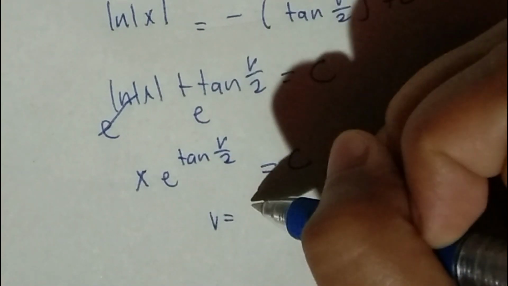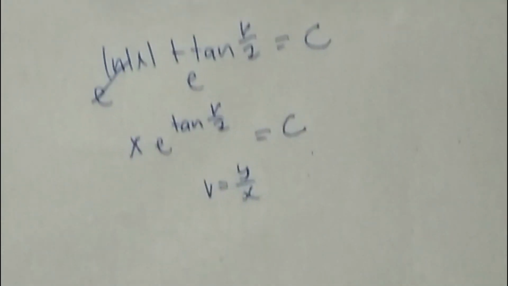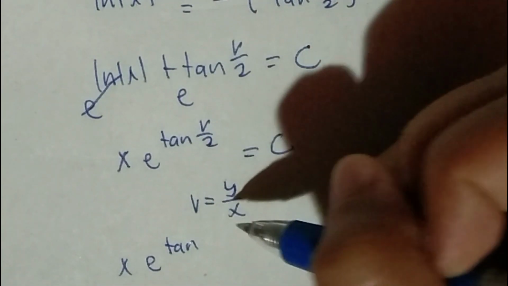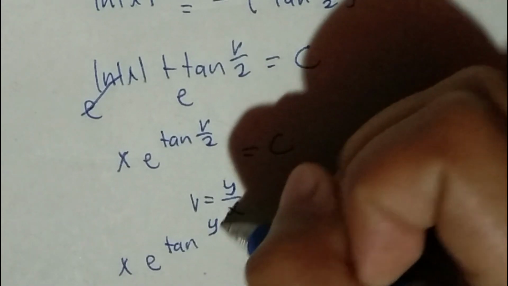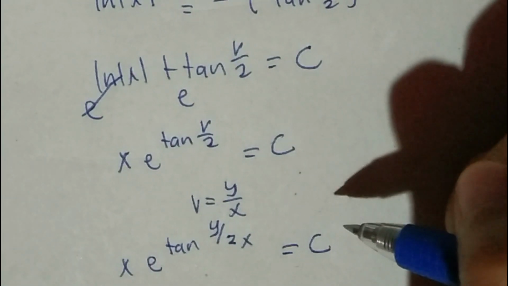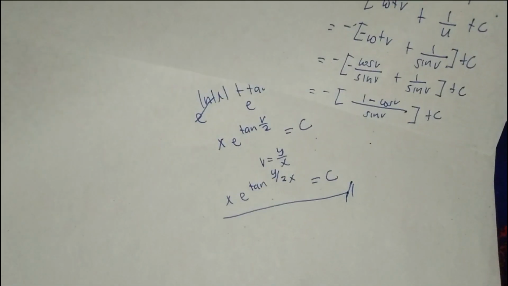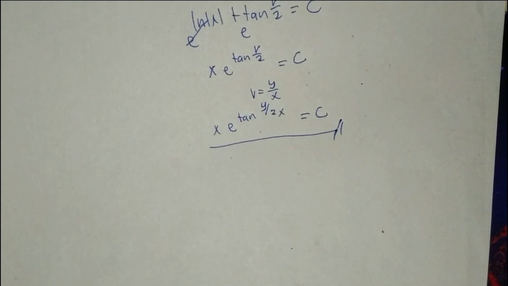Since our v is equal to y over x, let's put back the value of our v. So we will have x e raised to tan of y over 2x = c. So this will be our answer, the general equation.